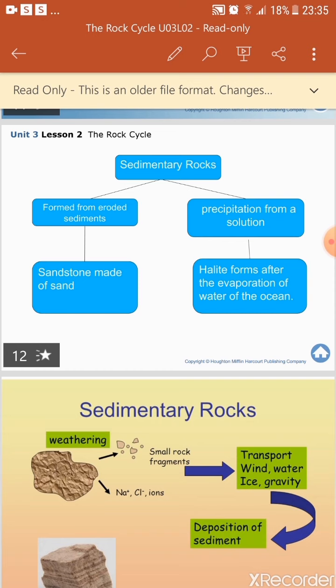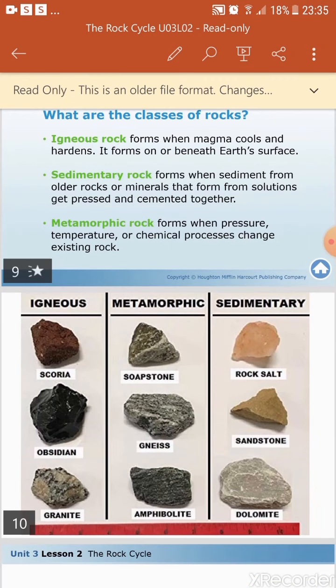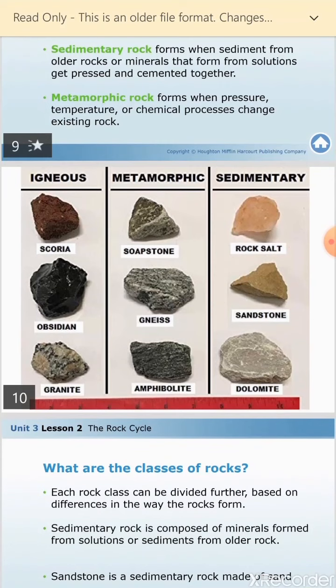The sodium chloride salt. Sodium chloride salt will, over the years, make the halite that forms the sea rock. The sea rock, such as this. Or the rock salt.